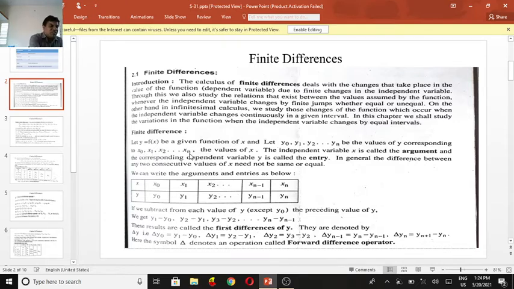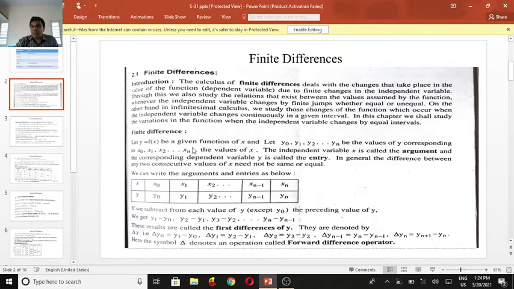So if x changes, through x0, x1, x2 and so on, there are corresponding changes y0, y1, and so on. If one variable changes, the other variable automatically changes. x is the independent variable, y is the dependent variable.